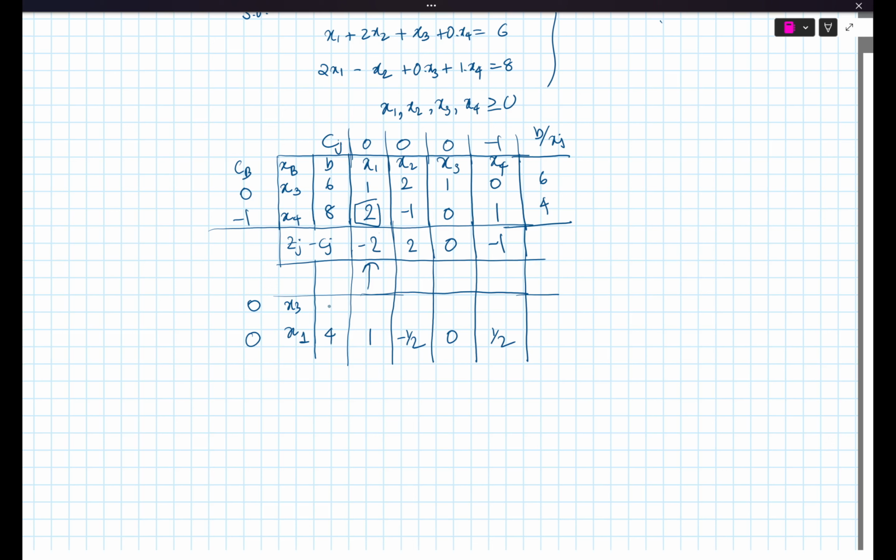So 6 minus 4 is 2, 1 minus 1, 0, 2 minus 2 plus half. 2 plus half is how much? 5 by 2, right? 1 plus 1 minus 0 is 1. 0 minus half is minus half. Okay.